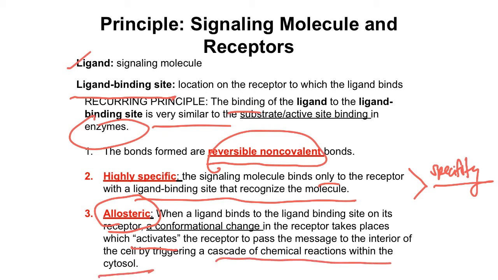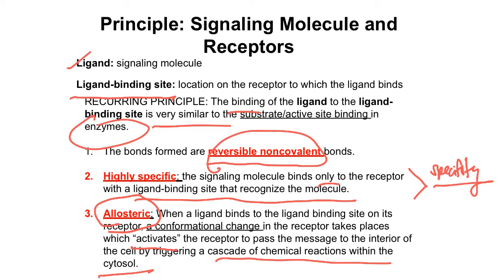So this is tantamount to the case in the enzymes where the substrates binding to the active site can be controlled by a separate site in the enzyme that causes or influences the way the substrates bind. Okay, so this is allosteric control in the enzymes.